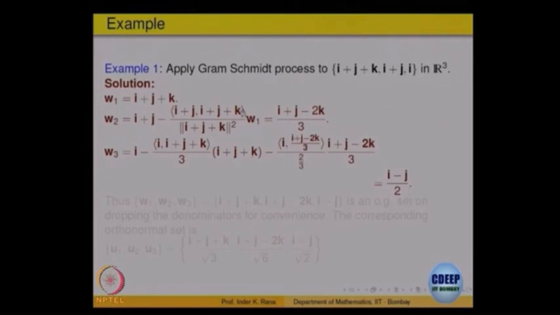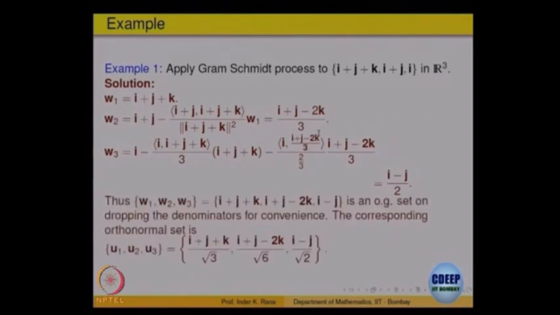So, from V1, V2, V3, we got W1, W2, W3. The claim is these three are mutually orthogonal. What is the dot product of this with this? You can check, that should come out 0 if everything is okay. And now normalize W1, W2 and W3, and you get an orthonormal basis.